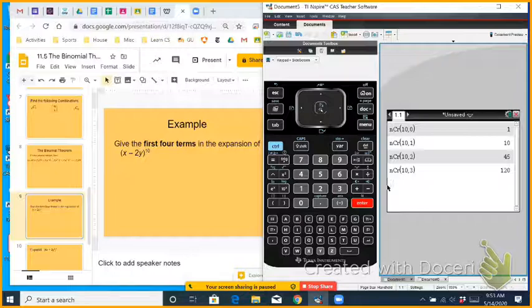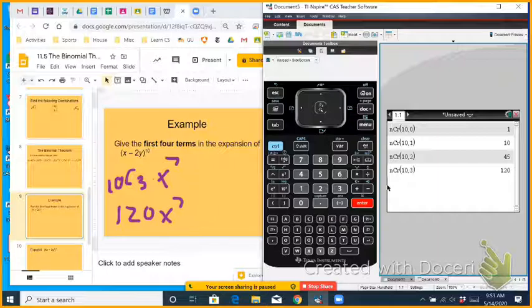Alright, so the final term would be 10 choose 3, which is 120, times x to the 7th, times negative 2y cubed. So that would become negative 8y cubed.